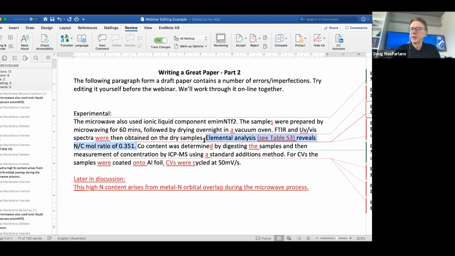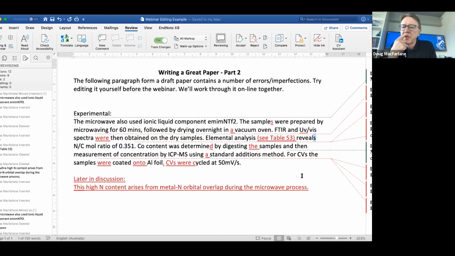But it's certainly not okay when it's sitting here in a paragraph that is all written in the past tense. So if we wanted to leave it here, so it didn't stick out like a sore thumb, we would make it revealed. Good, so well done whoever picked that up.